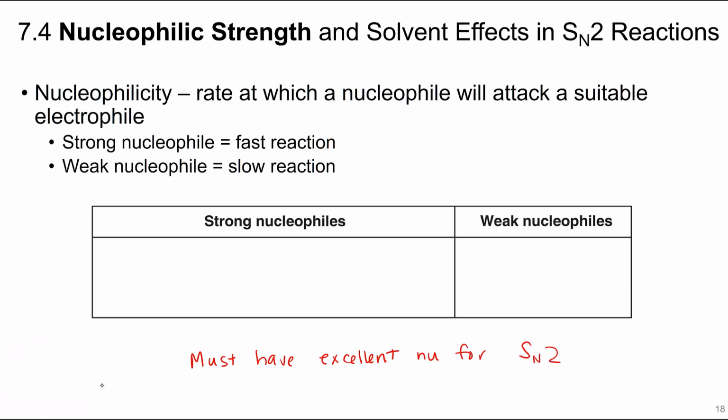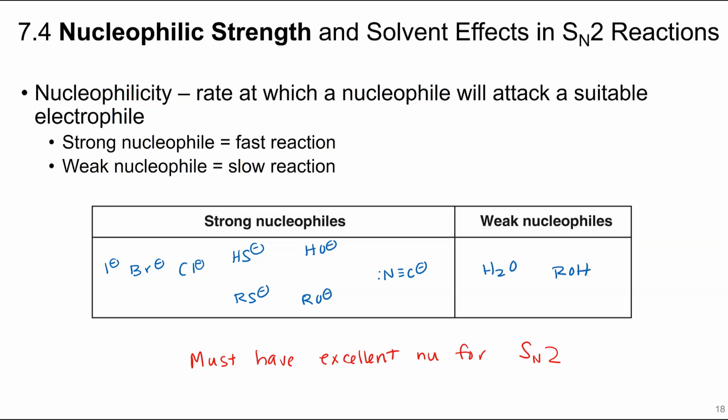So strong nucleophiles include the halogens, thiols that are charged, or are thiols, hydroxide, alkoxides, and C minuses. Things that are weak nucleophiles include water and alcohols.